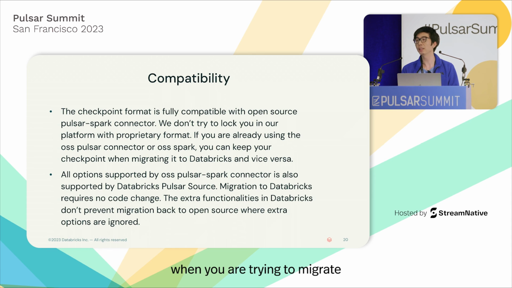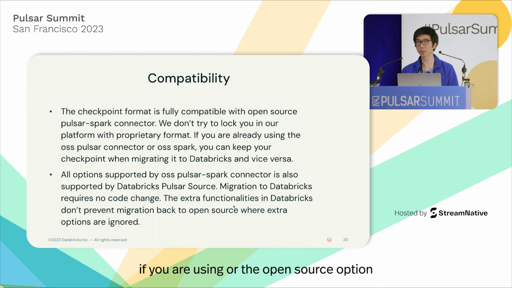So in this way, when you are trying to migrate from the open source Pulsar connector to Databricks, it will require no change. It will also work in the other direction. Even though we have extra functionality inside Databricks, maybe an extra option, or maybe you are using authentication in UC, or you are using Unity Catalog with external location, it won't prevent migration back to open source as long as you do a very minimal code change.